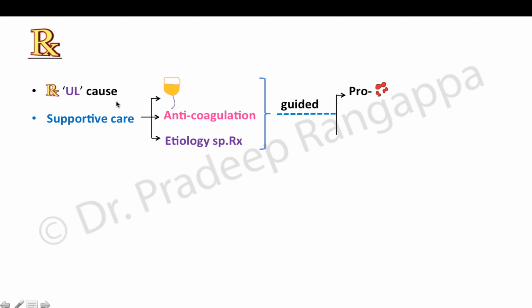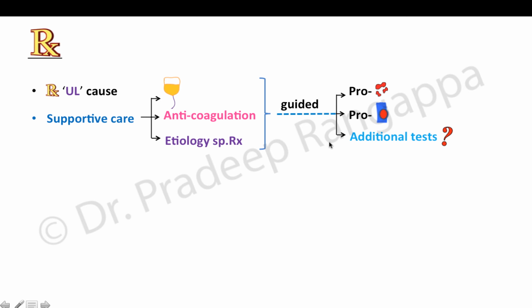And your treatment in all these three will be guided by whether the patient is in a pro-bleeding or pro-hemorrhagic state, or the patient is in a pro-thrombotic state, or whether the low platelets are warranting or mandating any additional tests to identify the underlying diagnosis.